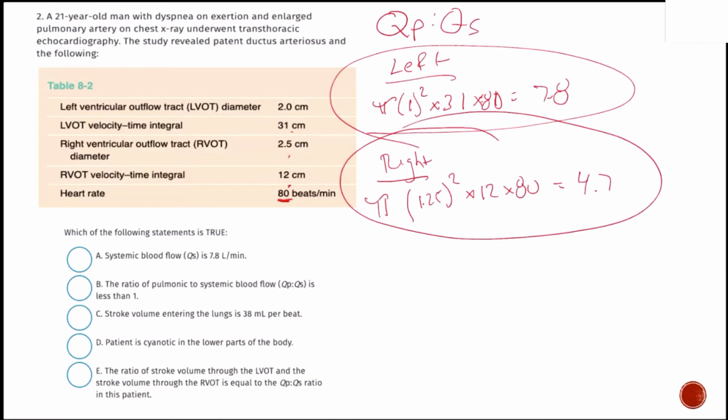Exactly. So what is a PDA? So a PDA is a connection between, if you have the artery, right, and you have your pulmonic artery here, there's a connection between the two after your left ventricular outflow tract, right? But you're measuring before. So they're actually reversed.